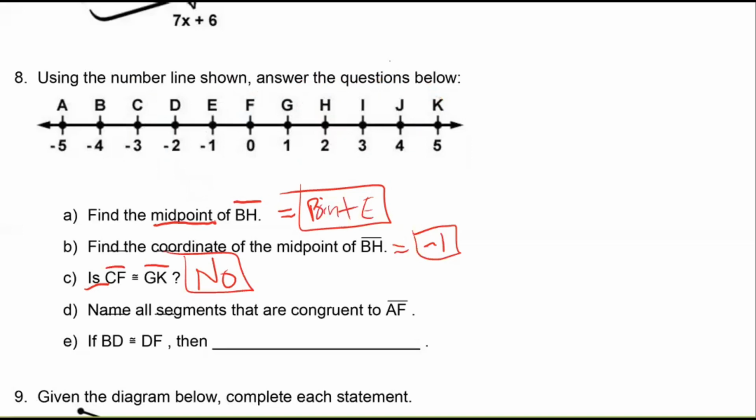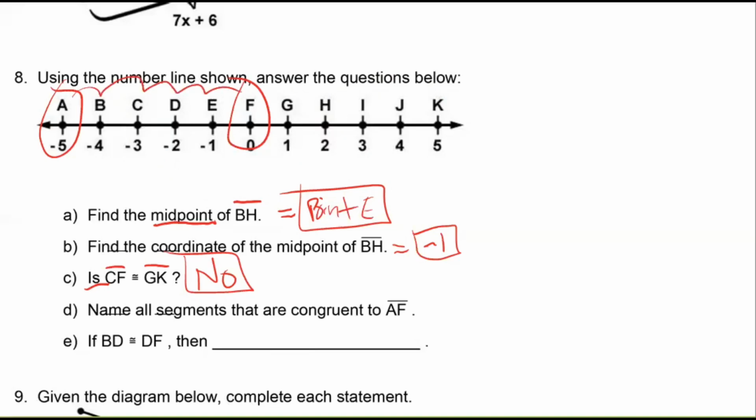Now let's go. Name all segments that are congruent to AF. So A is right here and F is right here. Every single segment has to be congruent to AF. Let's count: 1, 2, 3, 4, 5. It's going to be 5 off.